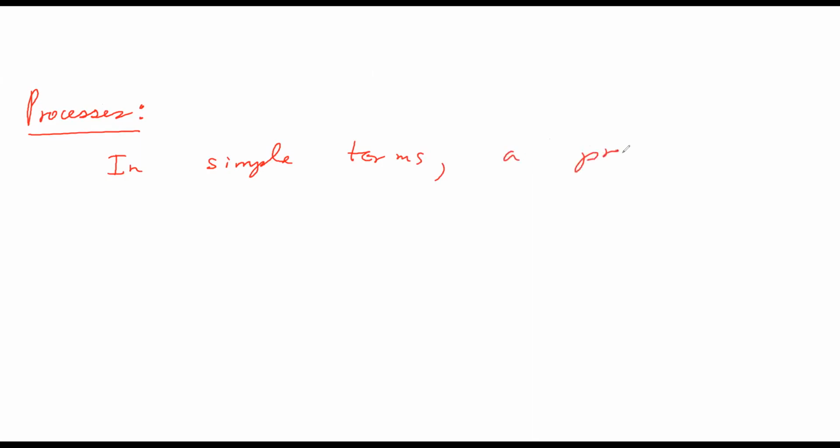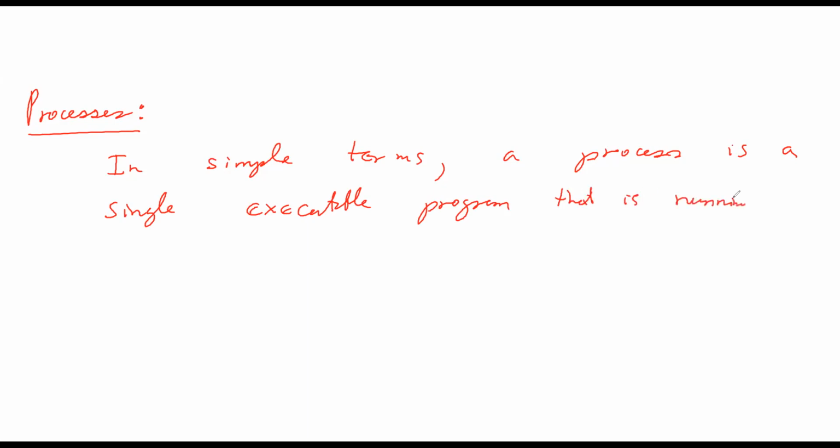So a process is a single executable program that is running in its own allocated space. Remember, code basically with memory associated with it.